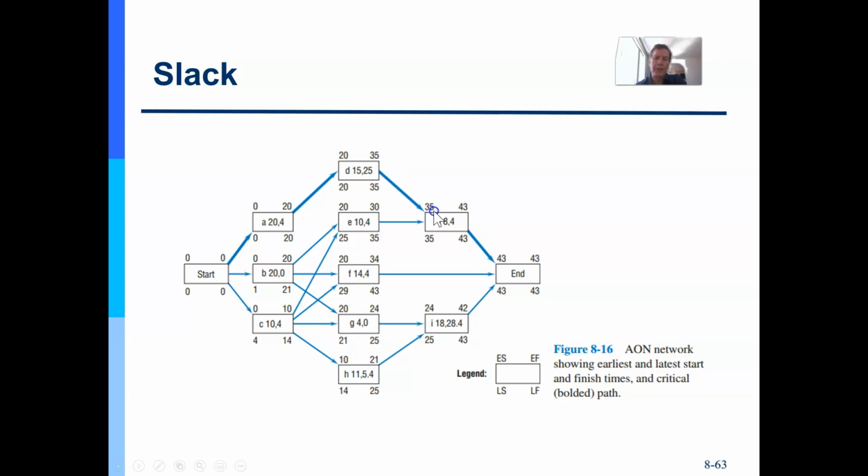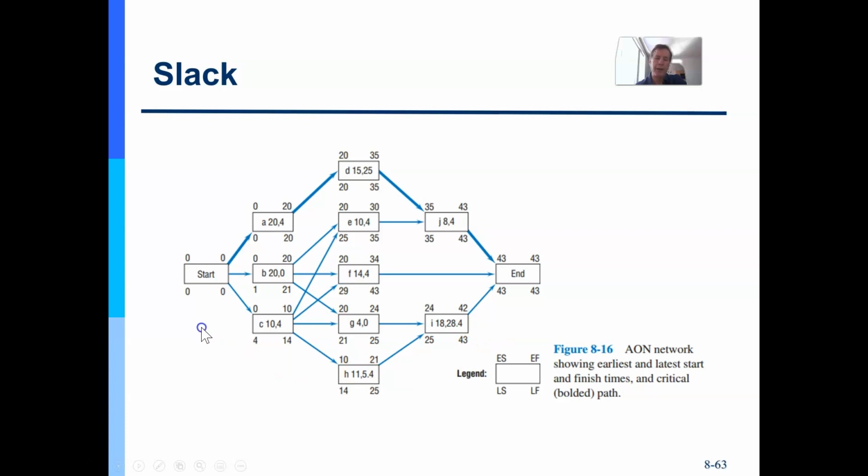If it ends on day 35, this activity can start on day 35. It has an 8-day duration, so it will end on day 43. If it ends on day 43, the ending might be able to begin on day 43 also, right? There's no duration here, so it not only begins, it also ends on the same day. And that's called the forward pass.